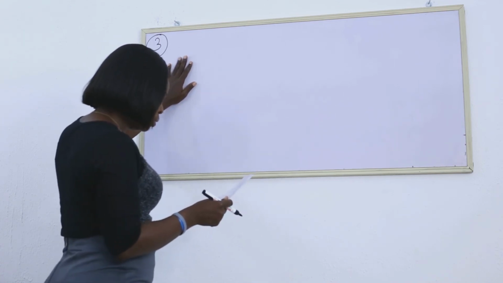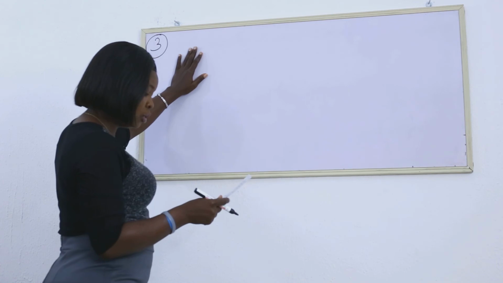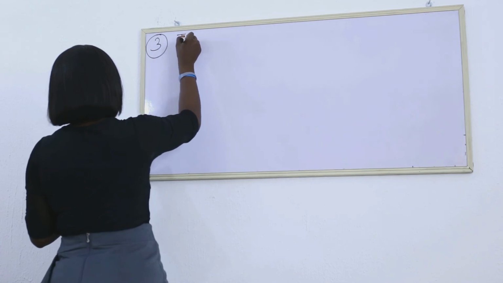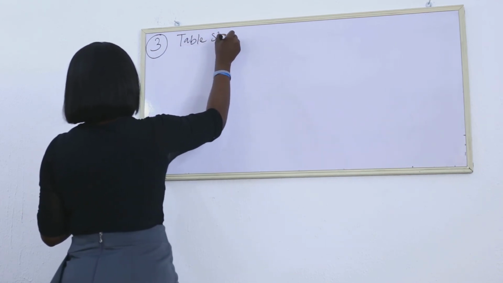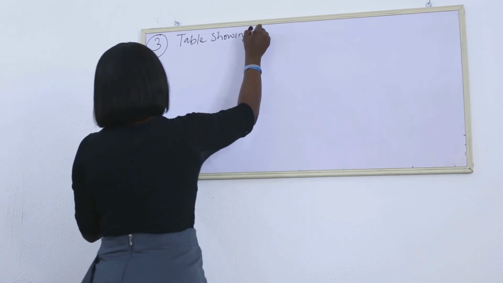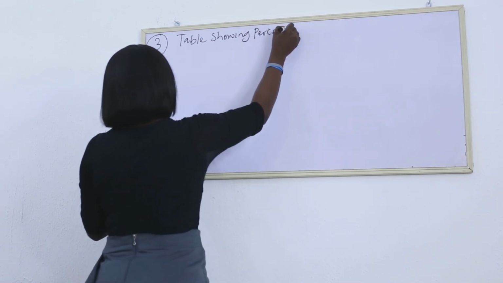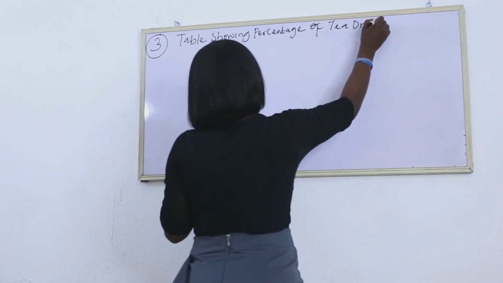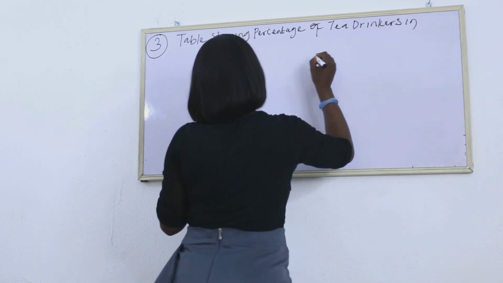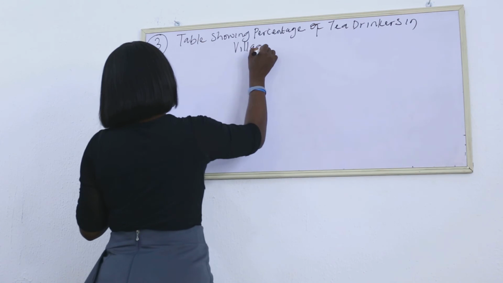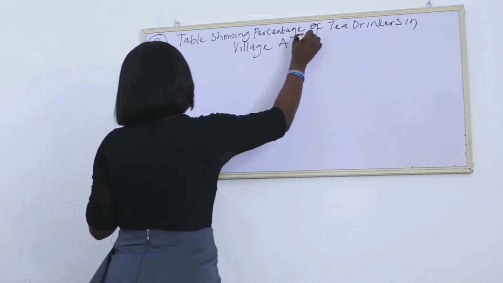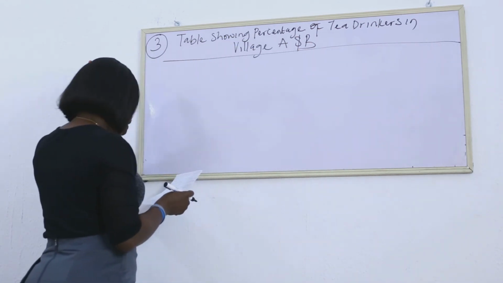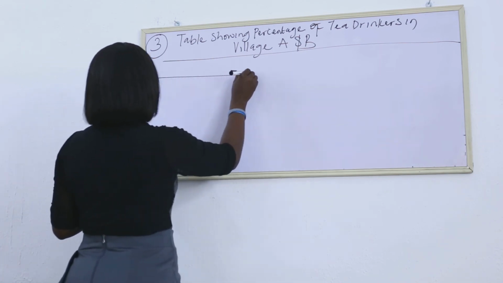So I'm going to title this table: a table showing the percentage of tea drinkers in village A and B. That's the title of my table. You can give it any title that you feel is suitable.